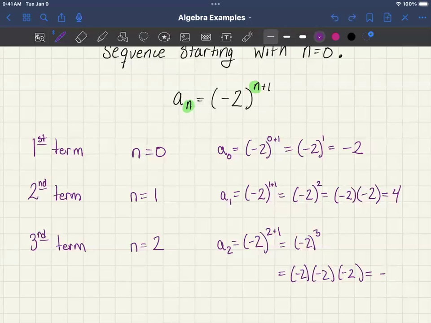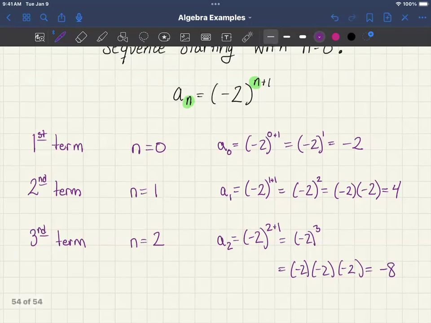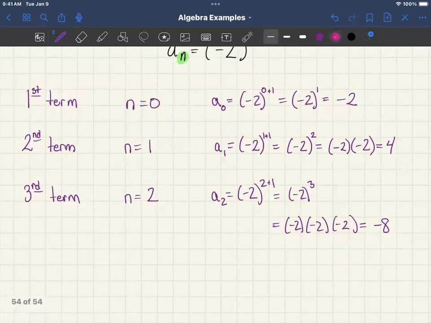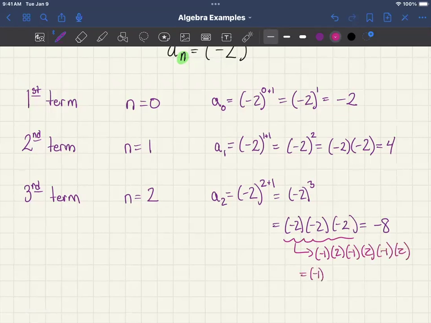So we have -8. Now, if you feel uncomfortable with this, you can always rewrite this as -1 times 2 times -1 times 2 times -1 times 2, and then group the negative ones, which there are three of them, and group your 2's.